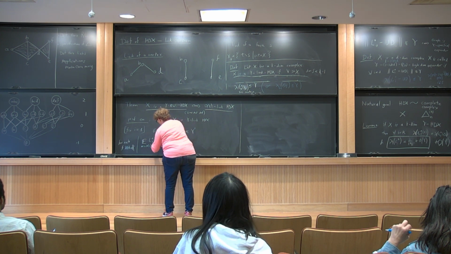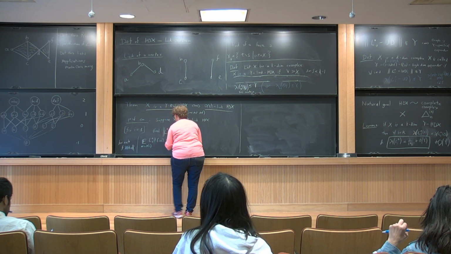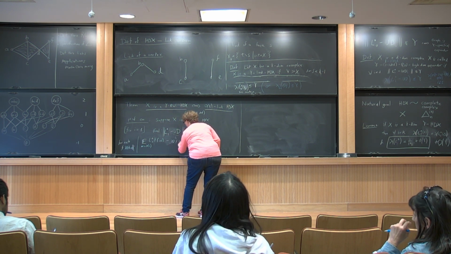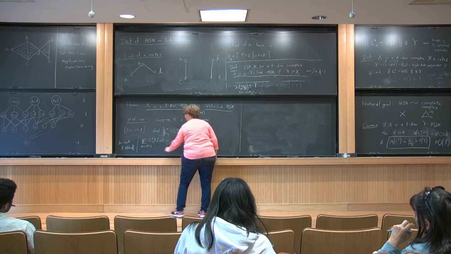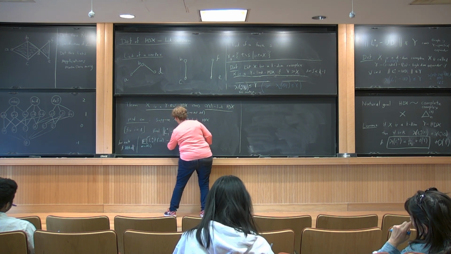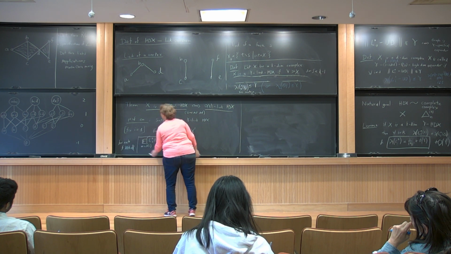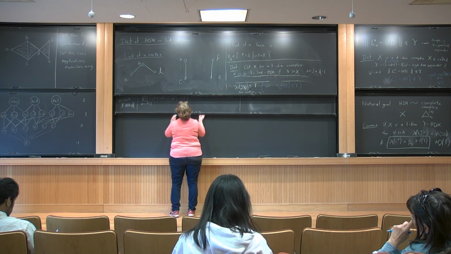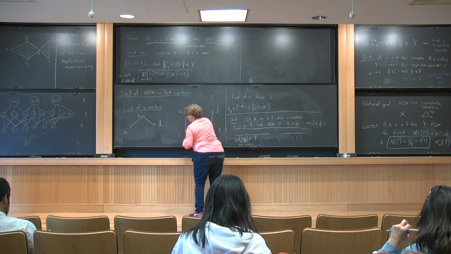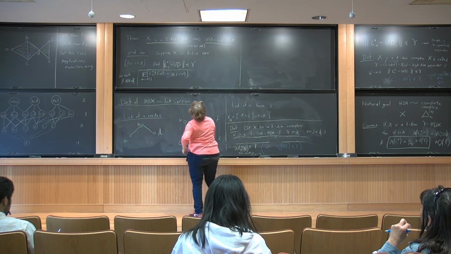Okay, let's call it UV minus UD of F at edge UV. Okay, so I just need to analyze this expression. I don't know if you see what is written.